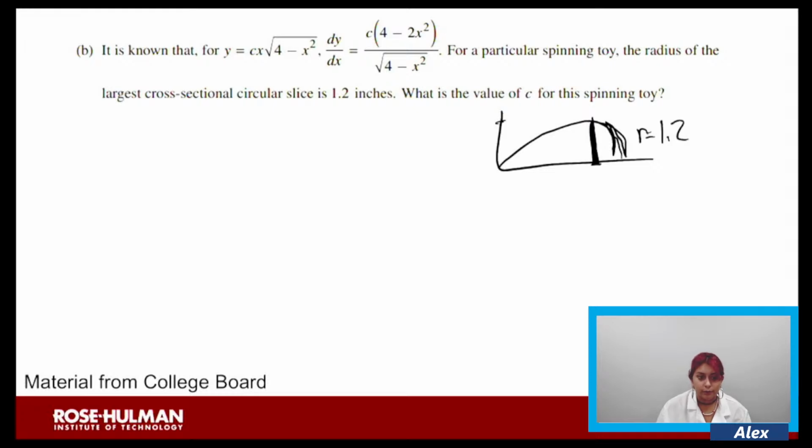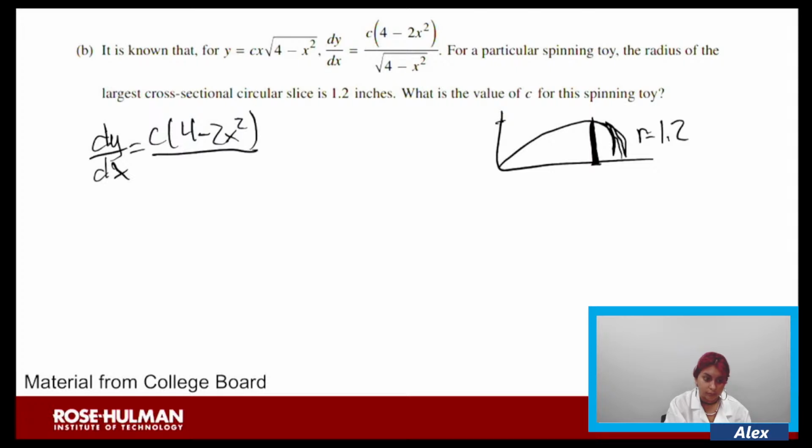So if you take the derivative of this function and set it equal to zero, 4 minus 2x squared equals 0, the x value that you were trying to look for is root 2.